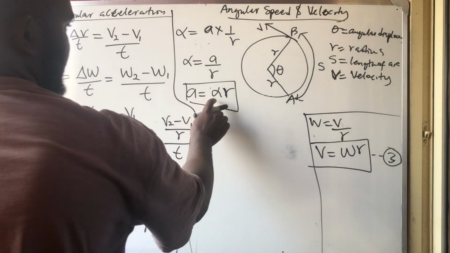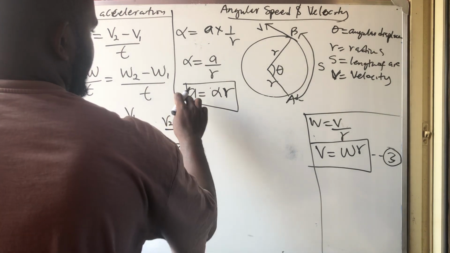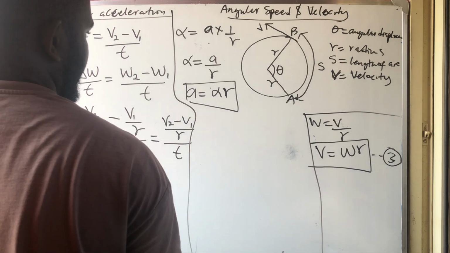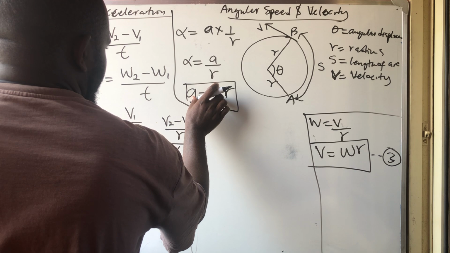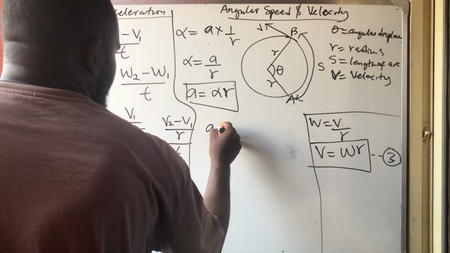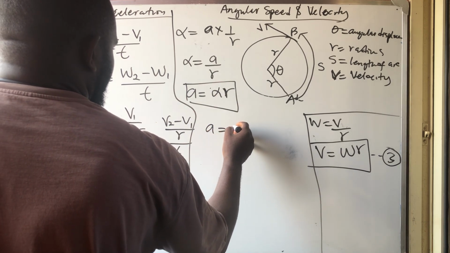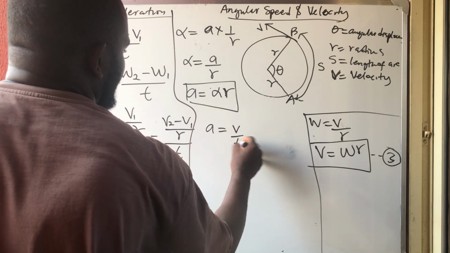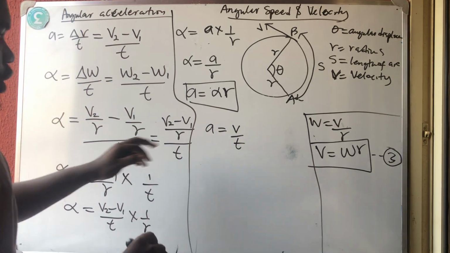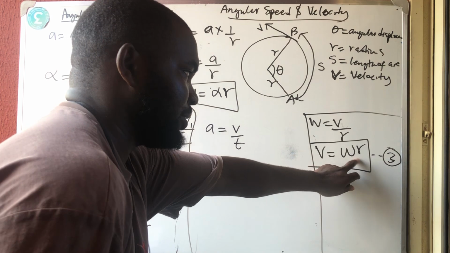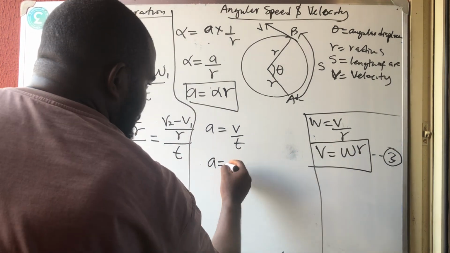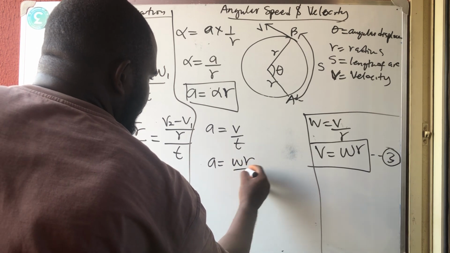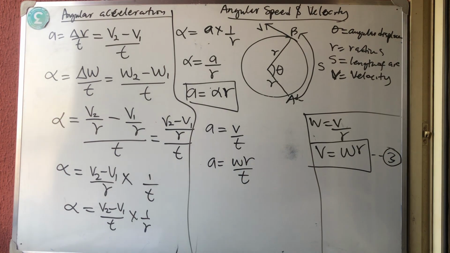From here there is something that is important. From here I know that acceleration is simply change in velocity. It's simply velocity over time. We know that velocity over time. And don't forget that velocity means the same thing as this. So therefore, acceleration is the same thing as saying WR over T. Okay?